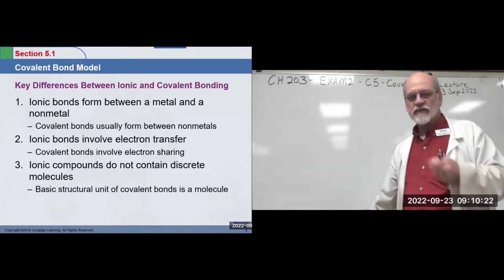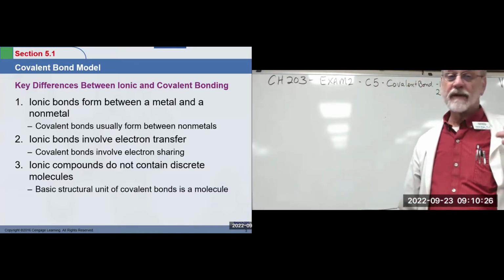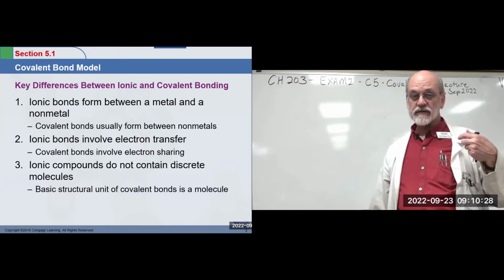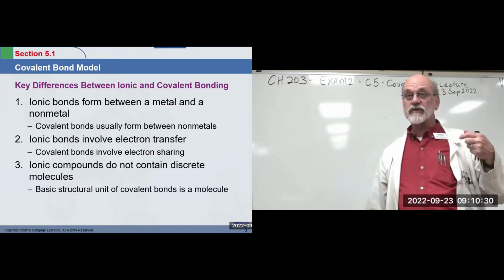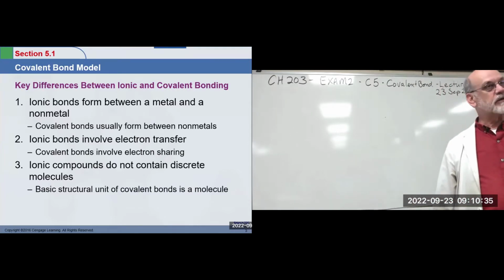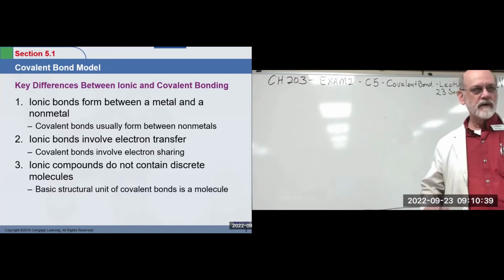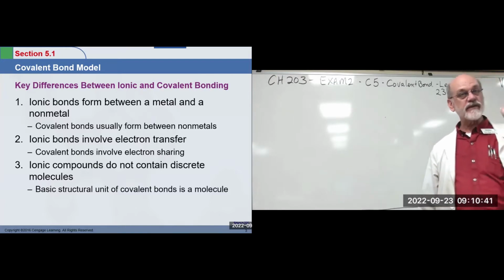All right, we mentioned this before. Ionic bonds form between a metal and a non-metal. Ionic bonds involve electron transfer. Ionic compounds do not contain discrete molecules. In other words, they don't have collections of atoms that behave as a single unit.